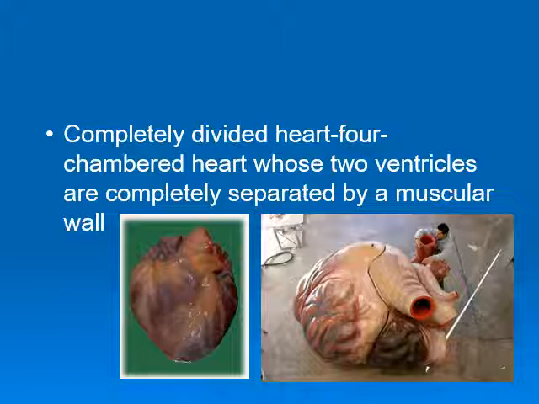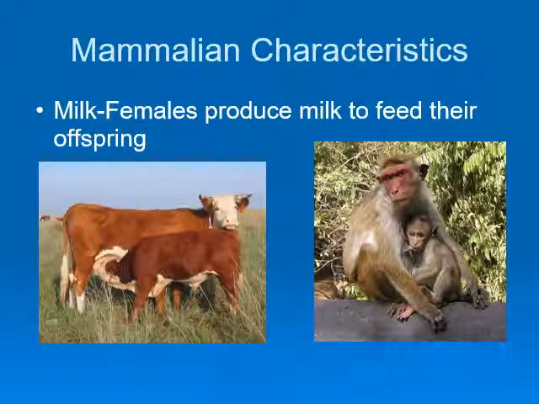It's very efficient, which is going to be something that's really important for mammals to have because most mammals are going to be moving a lot throughout their day. They need to get the blood pumping throughout their body in order to do that.